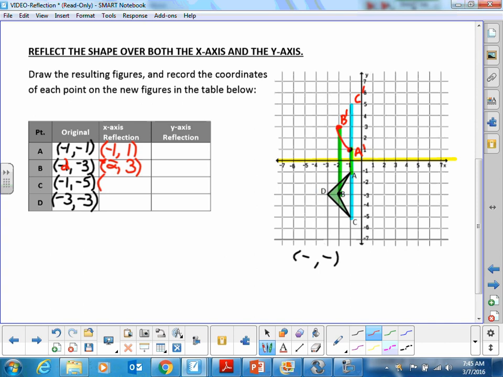We can connect them. And then we only have D left. C prime is going to be at -1, +5. And then D is 1, 2, 3. Exact same point where we're just going to go up 3.